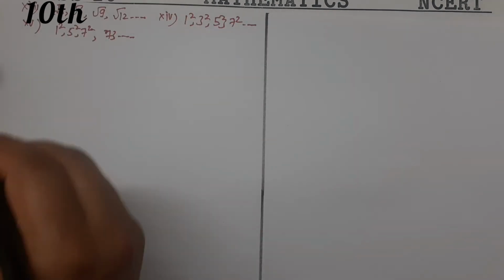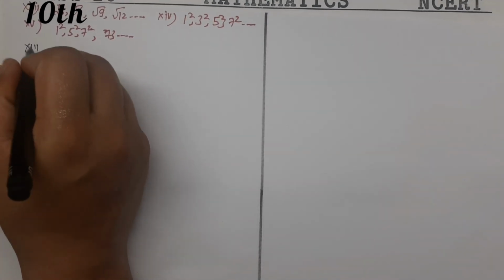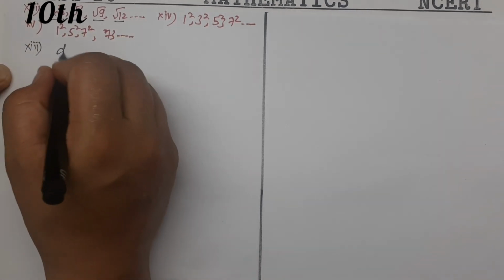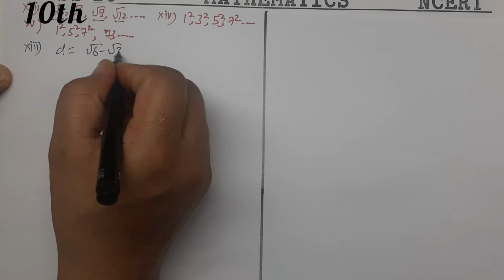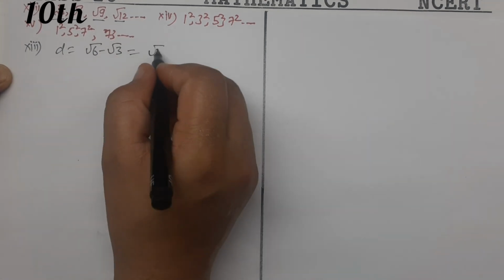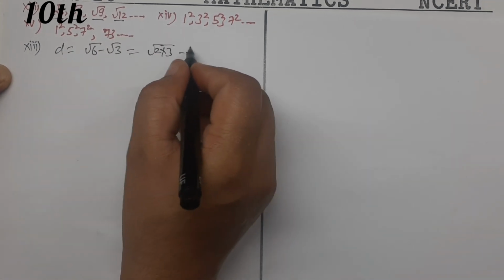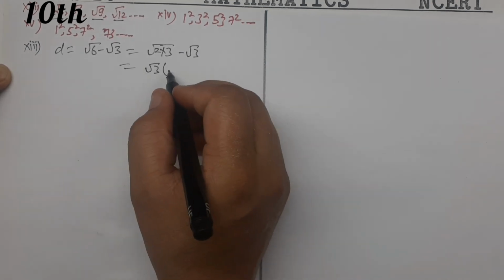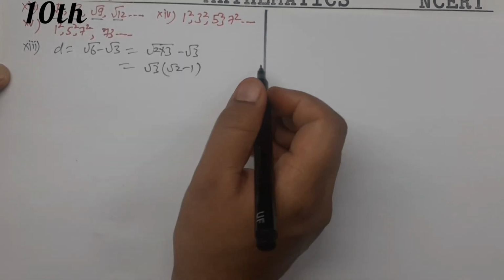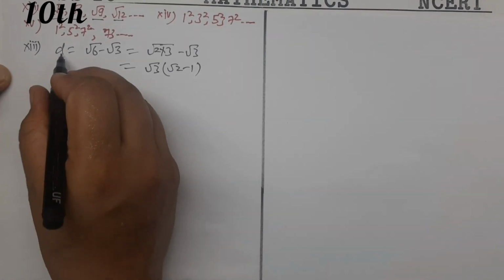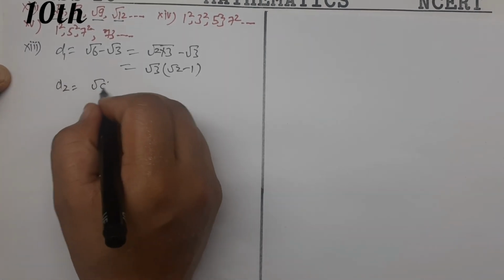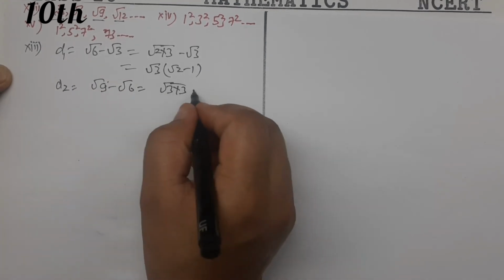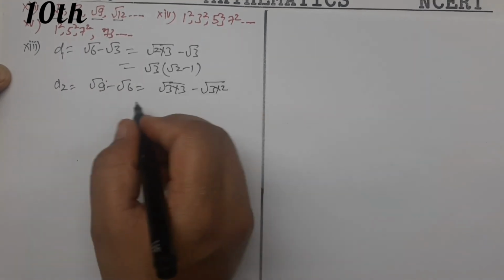Next part 13. a1, a2, a3, a4, d. We can write it as 2 3s are 6 minus root 3. Root 3 take common. We have root 2 minus 1. Next d. We can write it as 3 3s are 9, 3 2s are 6.